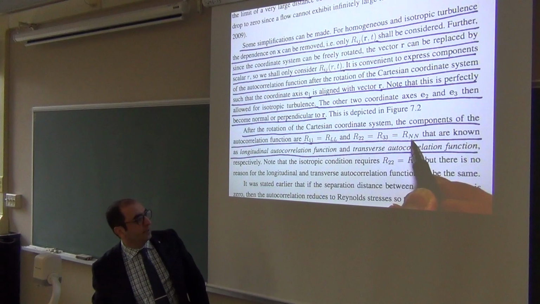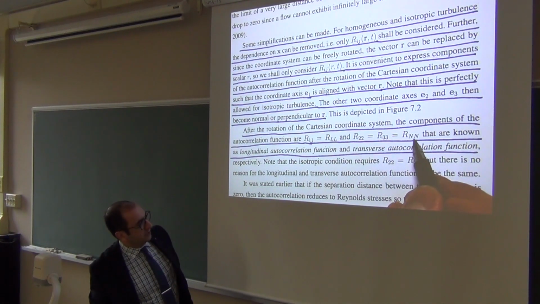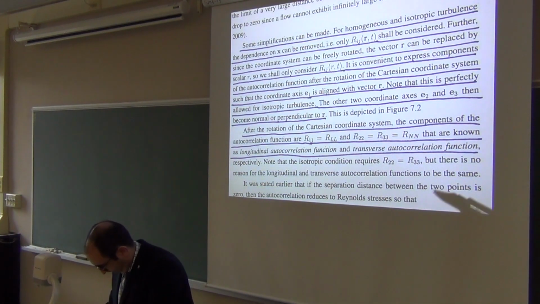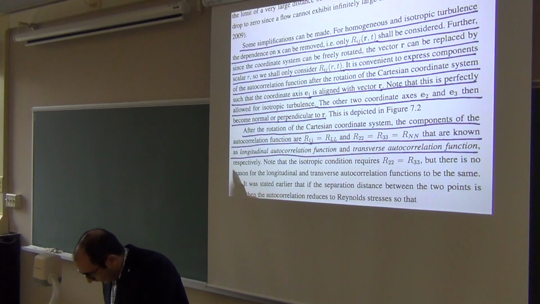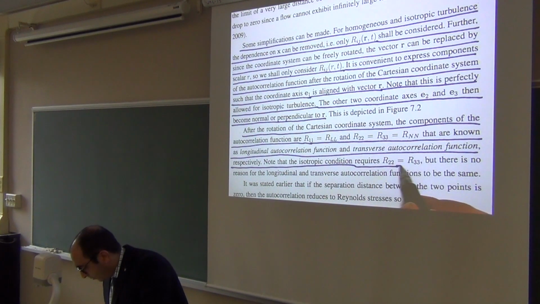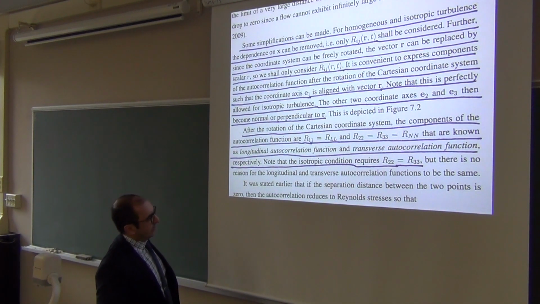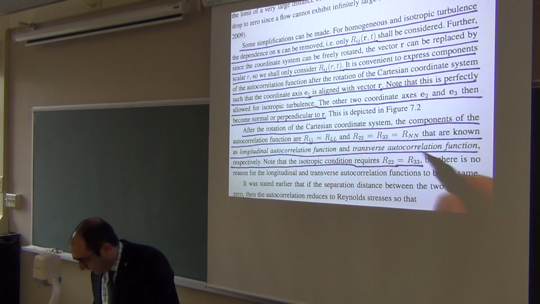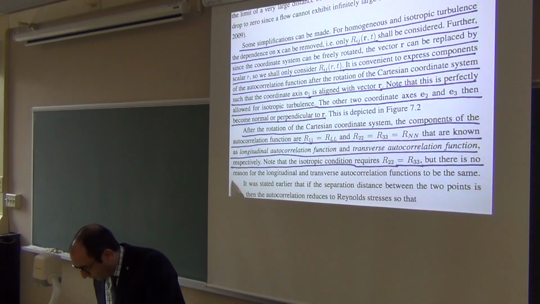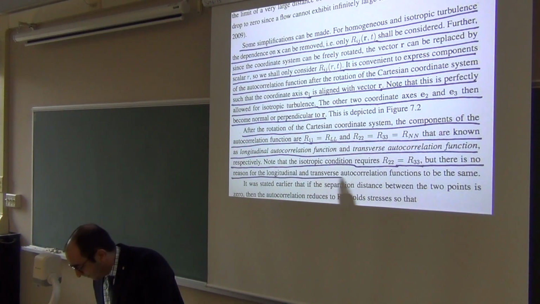This little n is put here to designate normal. If flow is isotropic, the normal or transverse components of the autocorrelation should be the same. R22 and R33 are the same, but there's no reason why the longitudinal should be the same as the transverse autocorrelation.